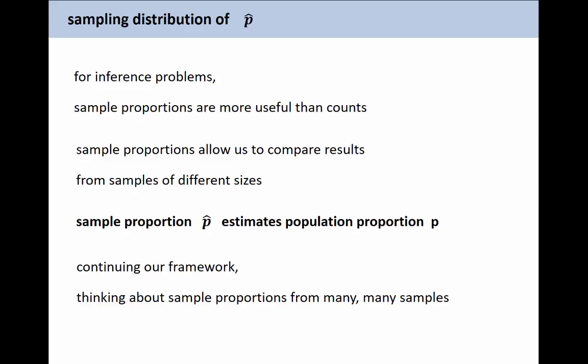We're thinking about lots and lots of samples, which gives us this theoretical creature, the sampling distribution of p hat. And I know this is a little tricky because in most applications you have exactly one sample. And thinking about the behavior of sample proportions from many, many samples seems a little abstract, but it's the way the theory gets built up, and so I hope with repetition it gets a little easier to work with.